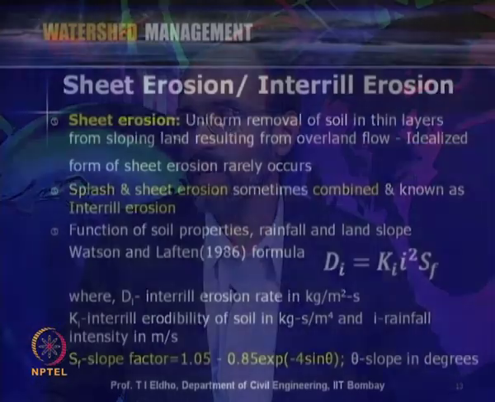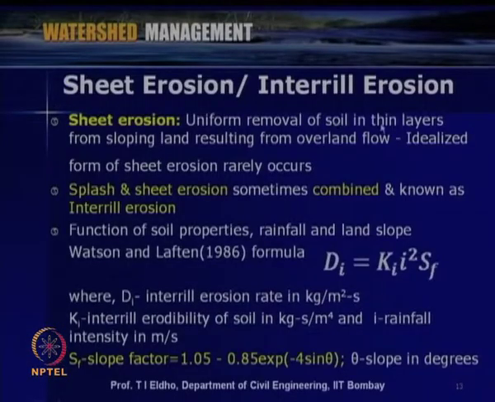So, like this, for various types of water erosion, we can derive relationships based upon various field experiments. Now let us look into the sheet erosion or the interrill erosion. Sheet erosion means uniform removal of soil in thin layers from slopes, resulting from overland flow.